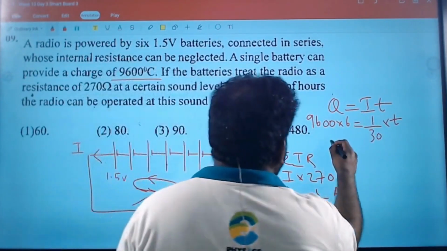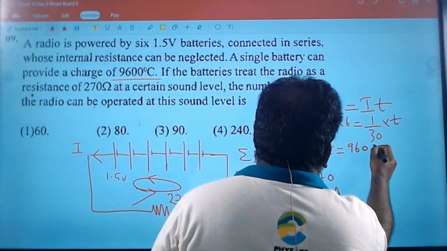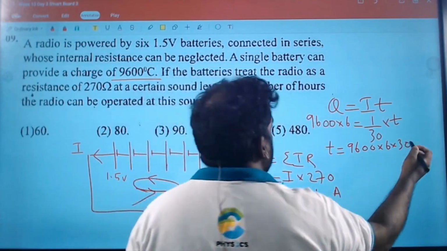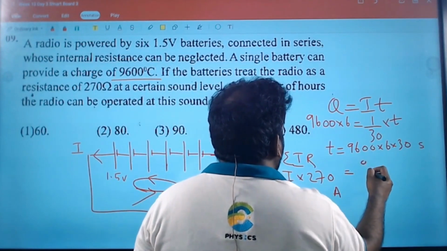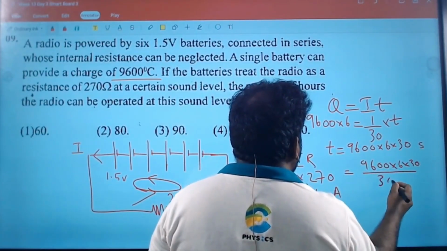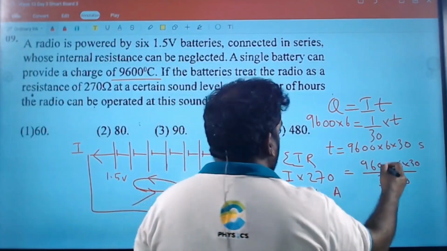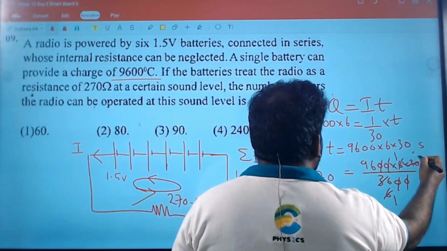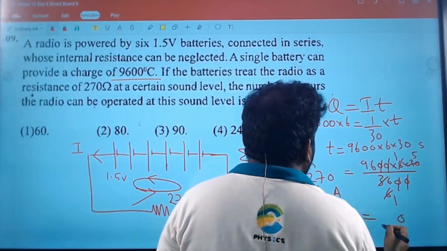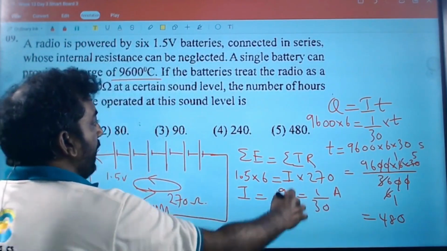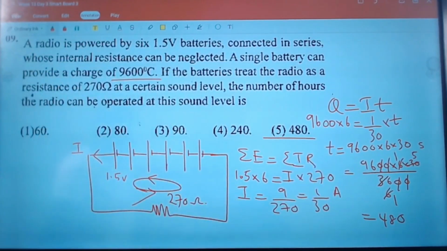Now if you look at this, 9600 times 6 times 30 comes in seconds. How do you convert this to hours? Divide by 3600 seconds. That gives 480 hours.